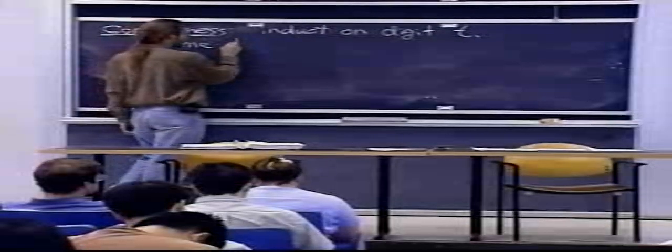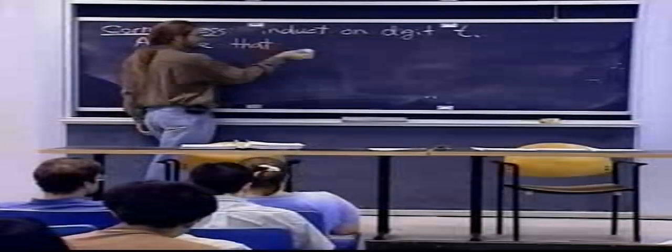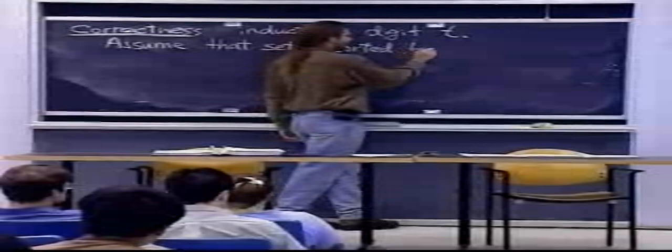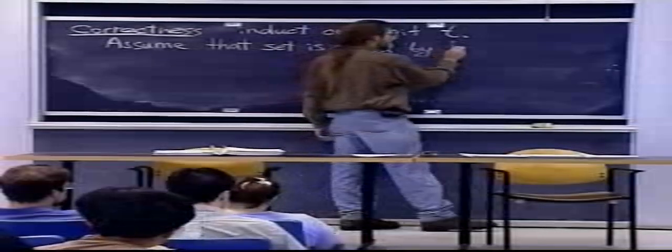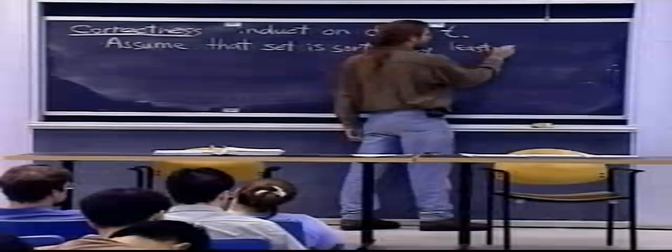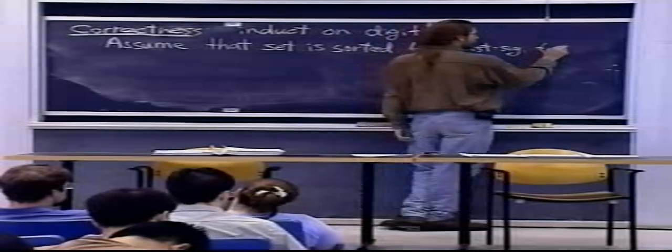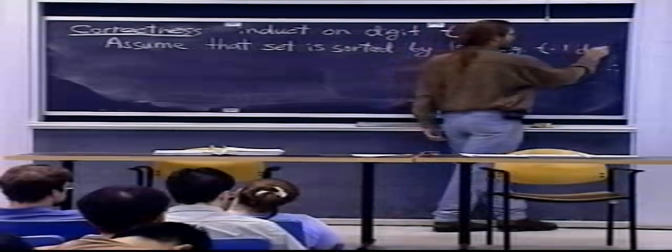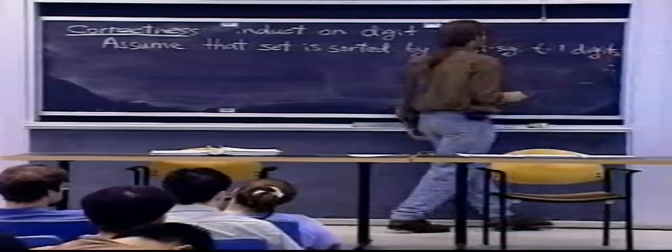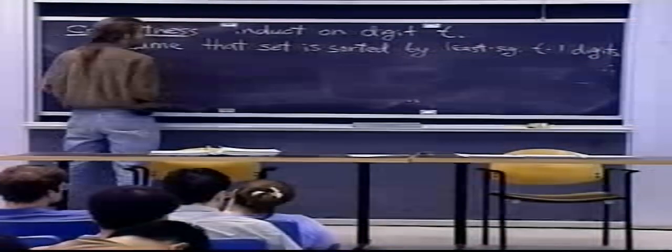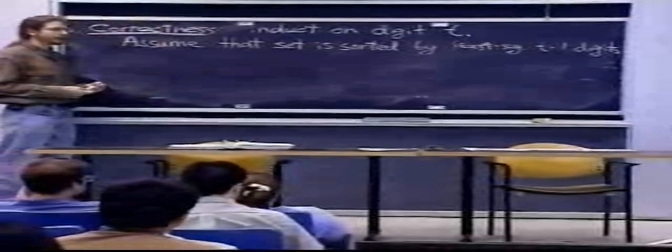So we'll assume by induction that this collection of elements is sorted by the last t minus 1 digits. And then we want to sort by the tth digit. And we'll use our stable sorting algorithm.